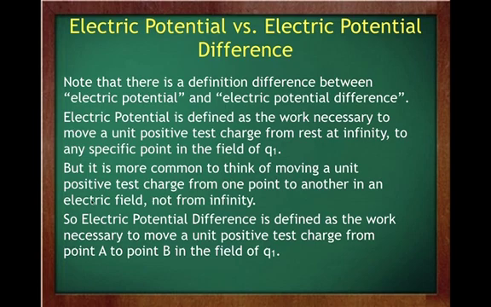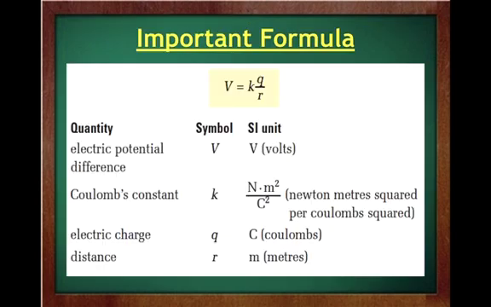So your electric potential difference is defined as the work necessary to move that unit test charge from point A to point B. And that's where it's coming from. How we find that then, like I said, because it's a unit test charge we're dealing with, we don't need to know the charge on it. What we do need to know is the source charge. Our electric potential difference is also measured in volts, or I think it's newtons per coulomb is the other way to deal with it.